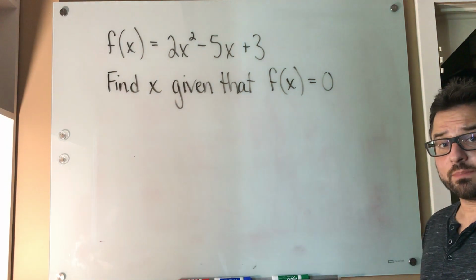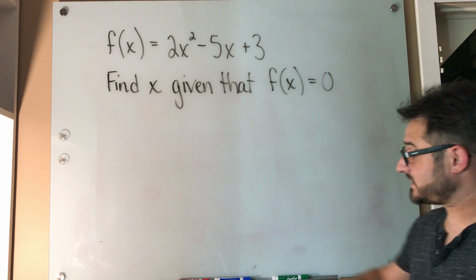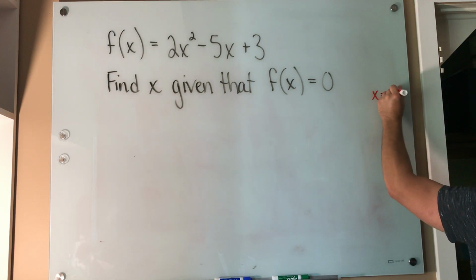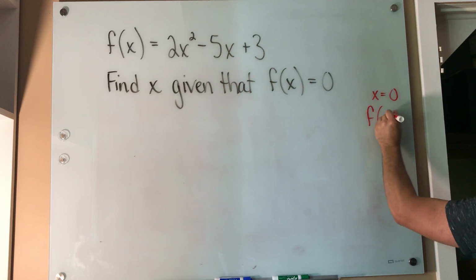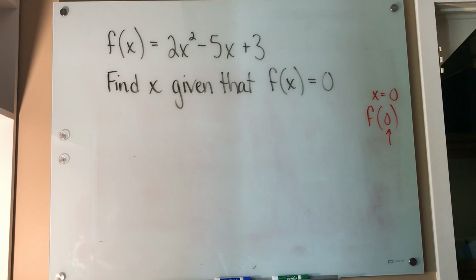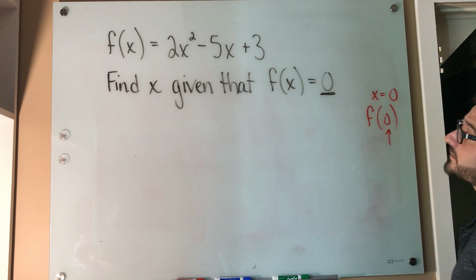Note that we're not being told that x is 0. If we were being told x is 0, then we would have f of 0. Note where the 0 is. It's in where the x goes. This, however, is not where the x goes.